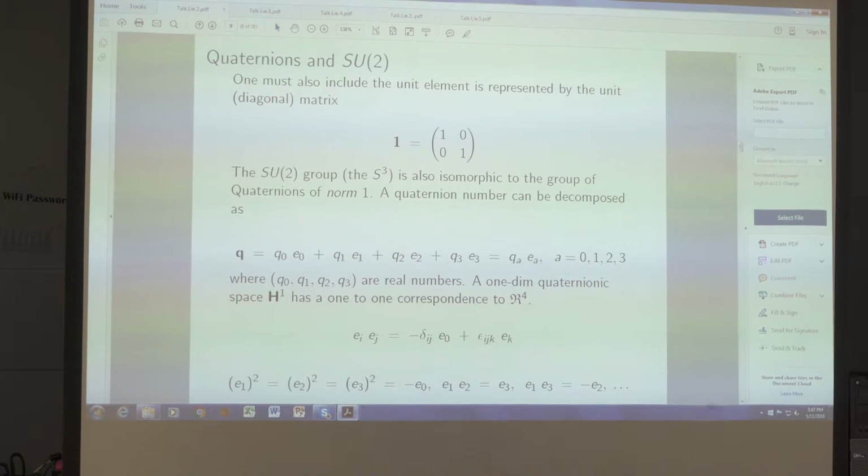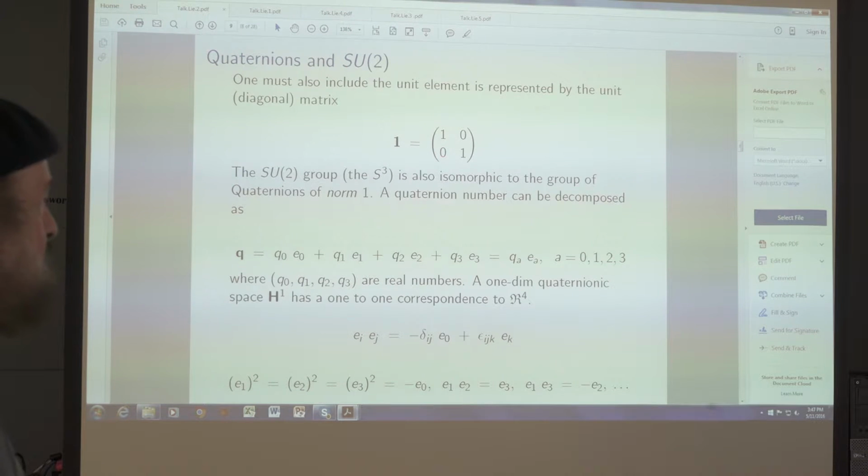Yeah. Quaternions, let's go to quaternions and SU2. So in fact, the Pauli spin algebra really is isomorphic to the algebra of unit quaternions. Okay, remember, when you have an algebra, you must never forget the identity element. Because whenever you have an algebra, you have to have an identity element.